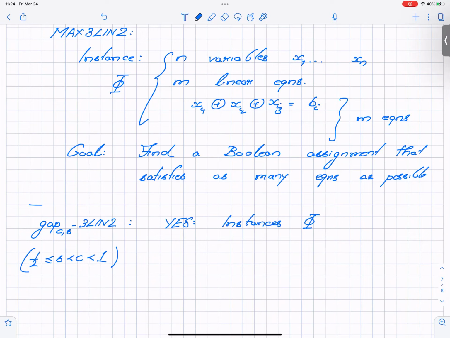Therefore, the yes instances are instances phi such that at least a c fraction of constraints can be satisfied.